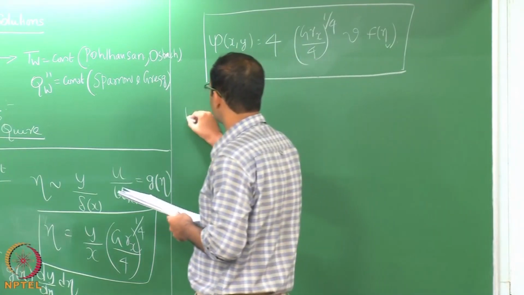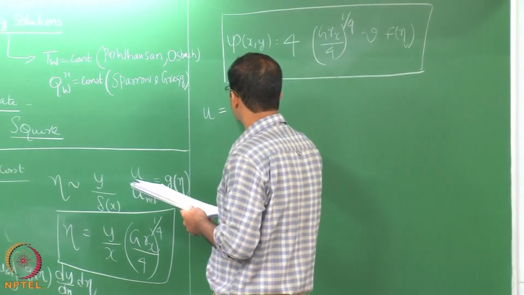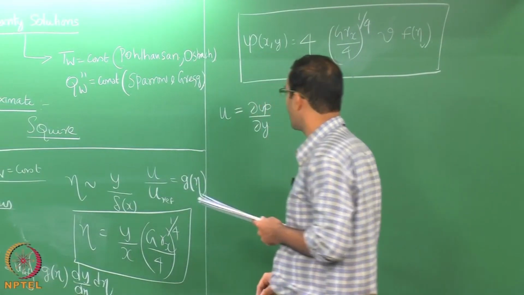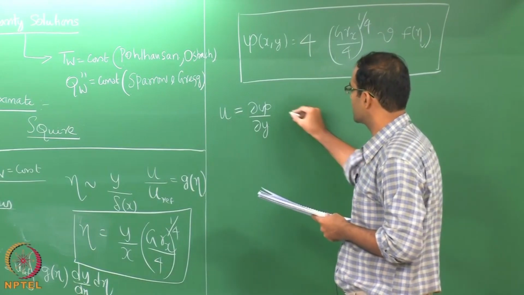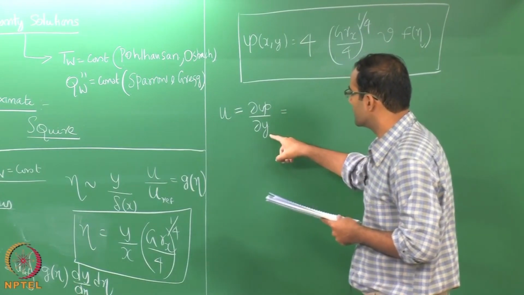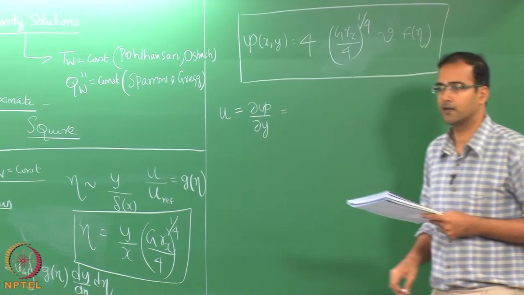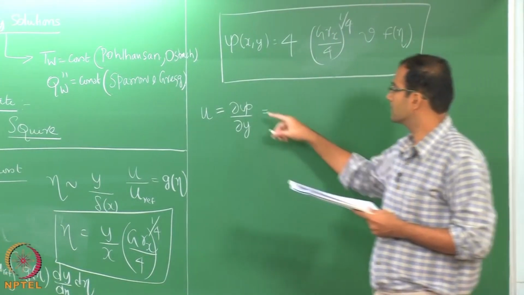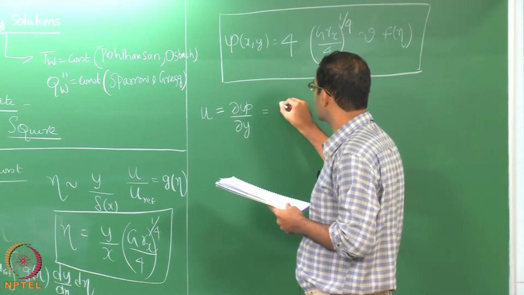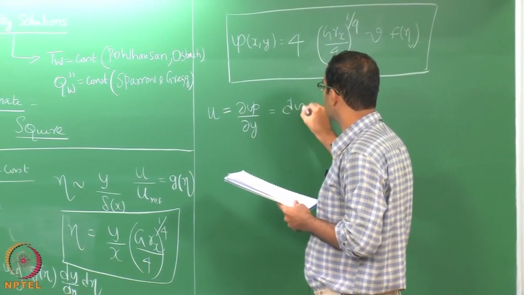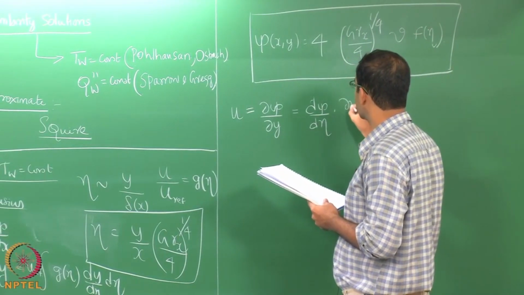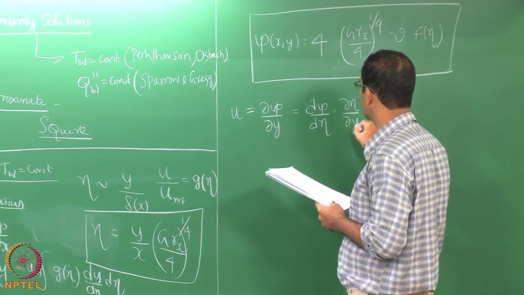The next step is therefore to find u, which is d psi by dy, and how do you find this? Now, psi is a function of y and we have to convert this in terms of eta. That means, we can write this as d psi by d eta into d eta by dy.